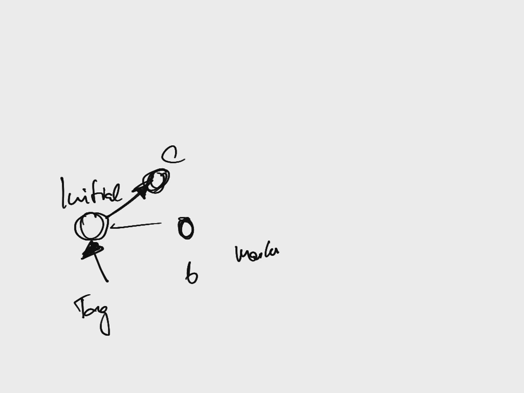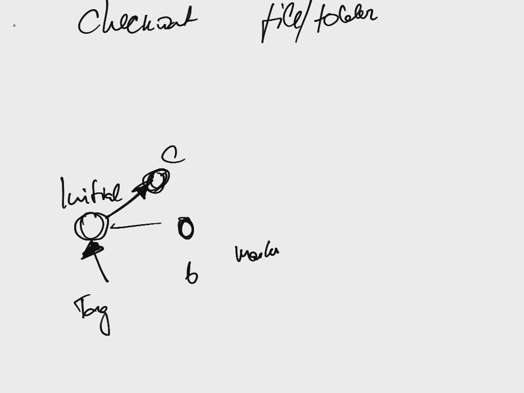So just to sum it up, git checkout file or folder, and of course it is git before that, means reset, or not reset because there is command called reset, restore from database.